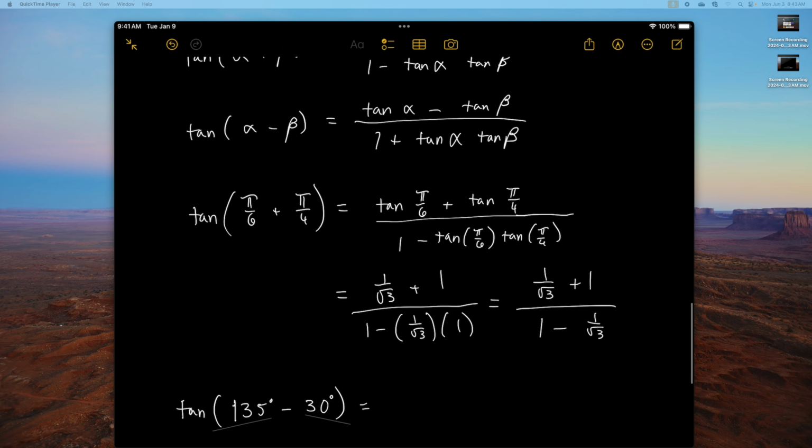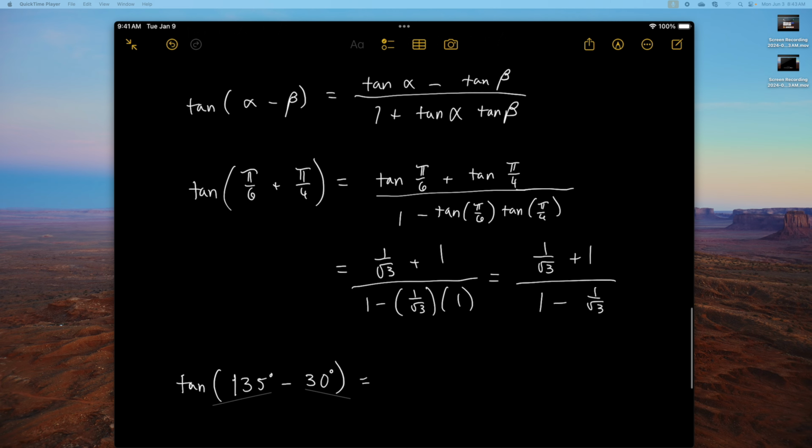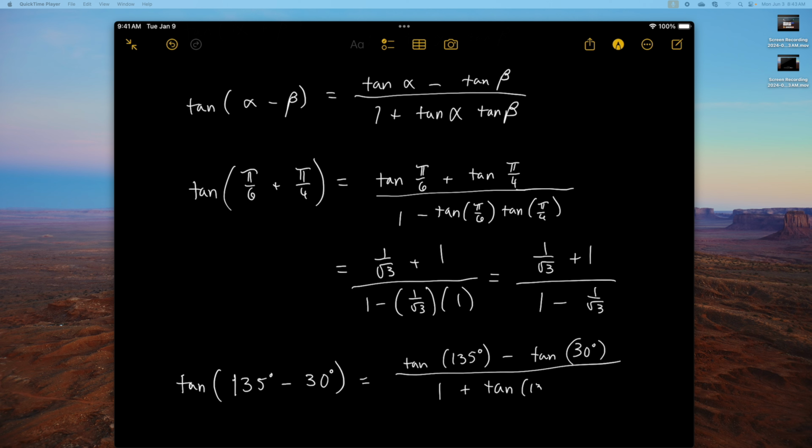So, I'm going to get it where we can see it. That's going to be tan of 135 degrees. This is using the difference formula. Minus tan of 30 over 1 plus tan of 135 degrees tan of 30 degrees.